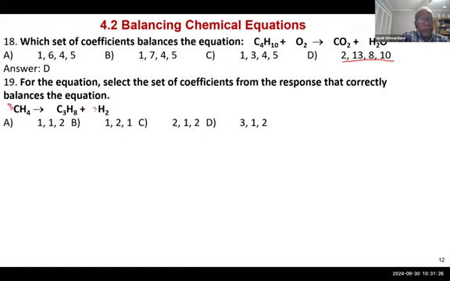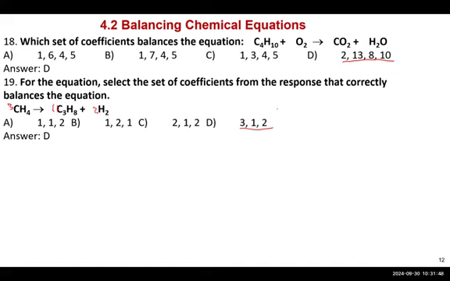Therefore, you put a 2 in front of here. This is still, you don't show 1 here. This is 1. So therefore, the answer is this. Okay. Do you guys have any question how we balance? No, sir. All right. The answer is D.